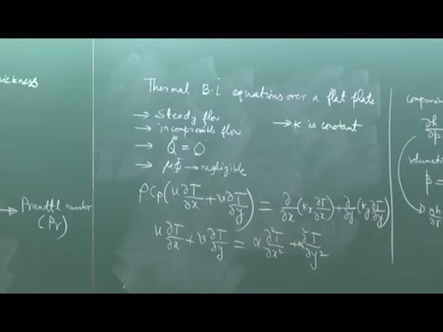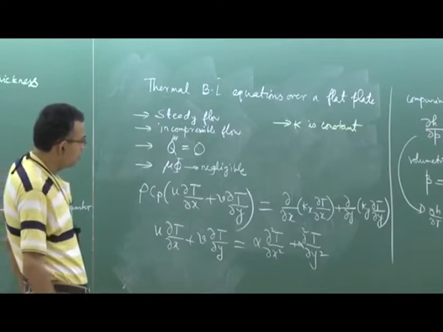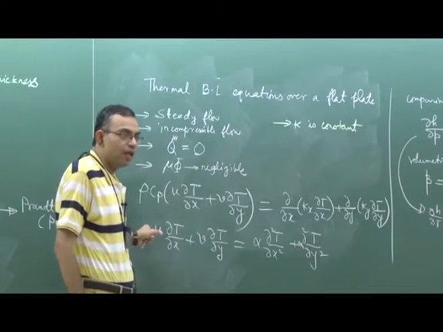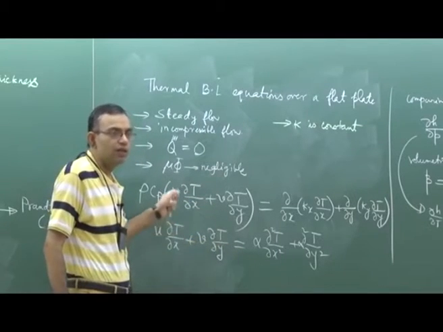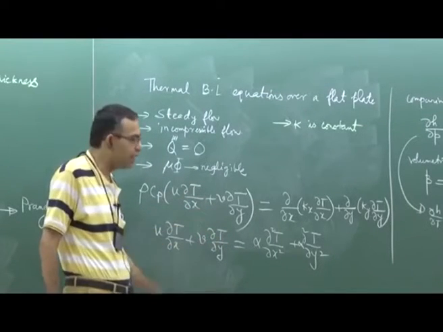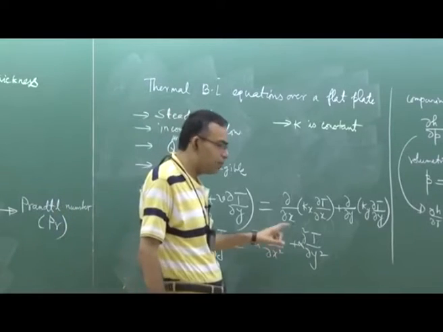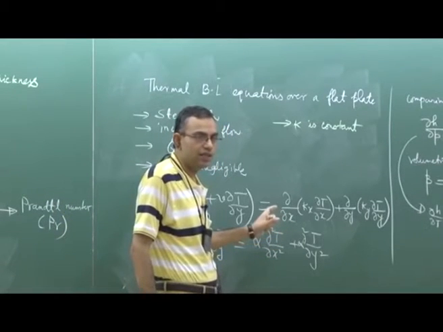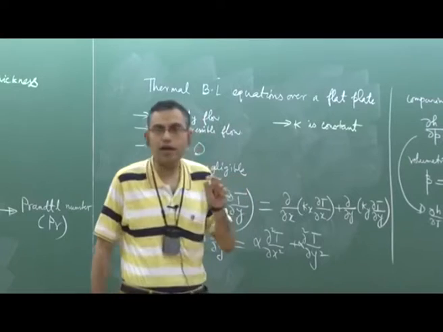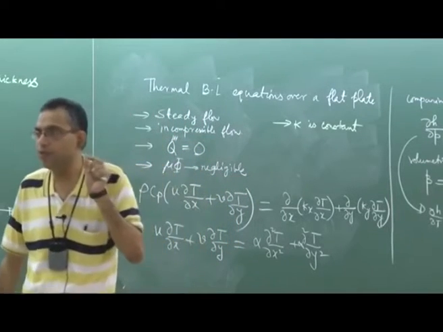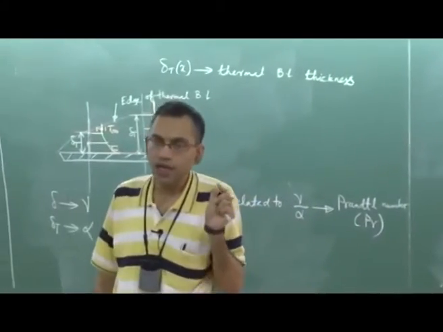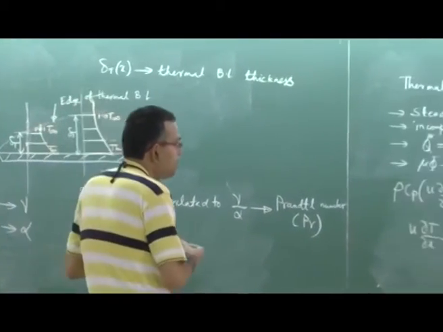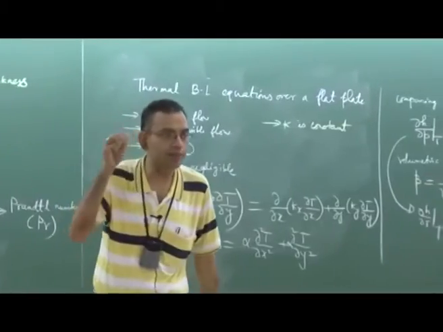Now this equation we can say is the energy equation for heat transfer for flow over a flat plate, but in terms of boundary layer consideration, for the hydrodynamic boundary layer, what was the important consideration? Delta much less than x. Here we will assume for thermal boundary layer theory that delta T is much less than x.